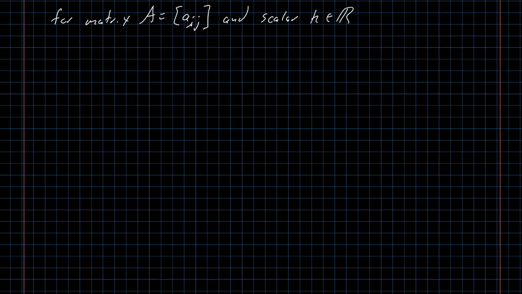So if we have a matrix A and we have a scalar little k here, I can perform scalar multiplication by taking scalar k times matrix A, which is just multiplying each of the entries by that k.